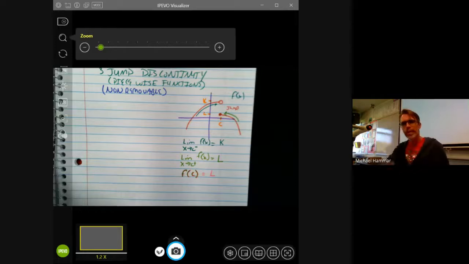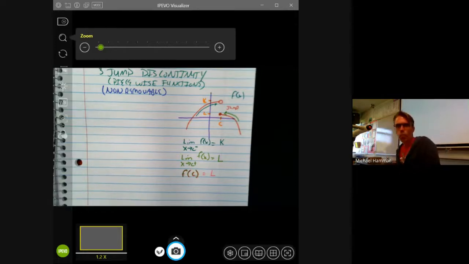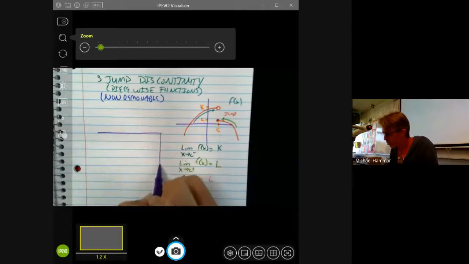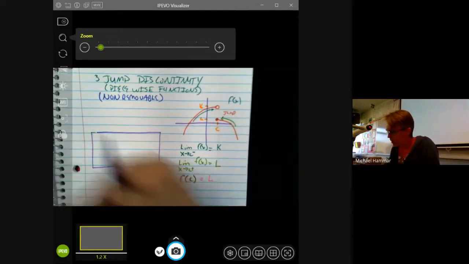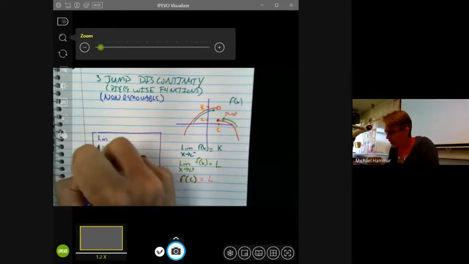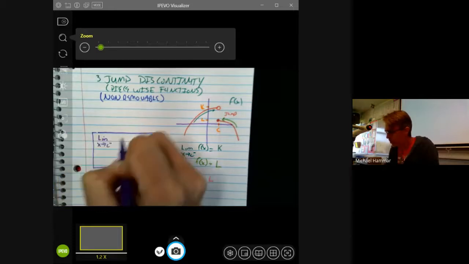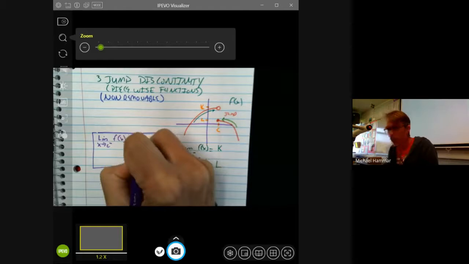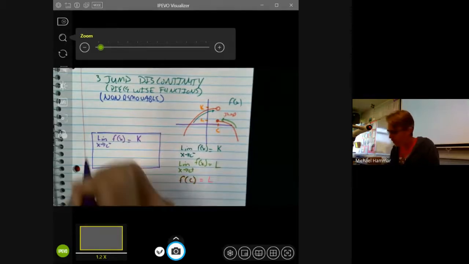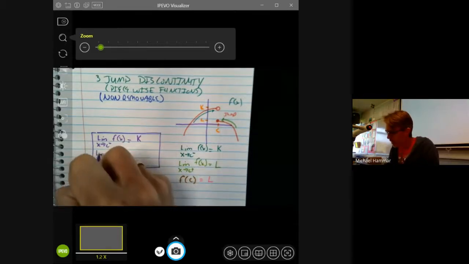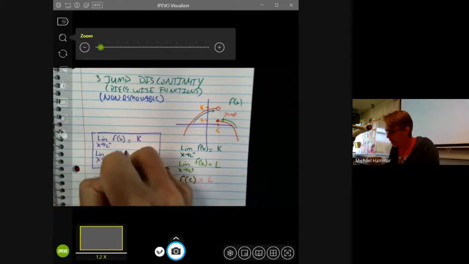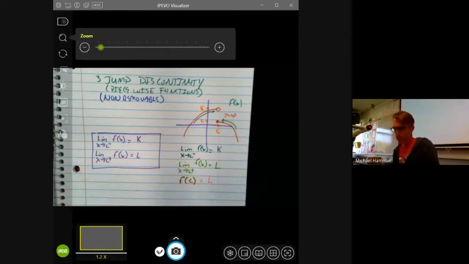How do you know that that's a jump? Okay? What you're going to see every time you see a jump discontinuity, you will notice the limit as x approaches c from the left of the function is equal to some number. The limit as x approaches c from the right is another number.